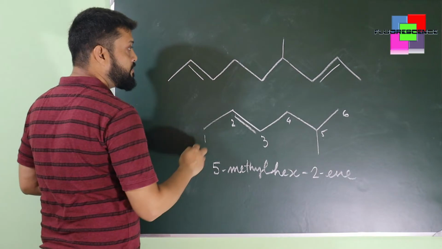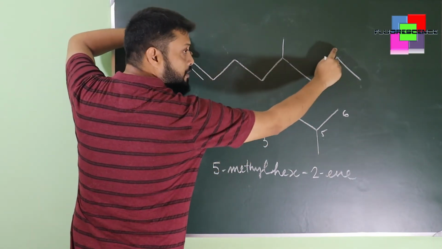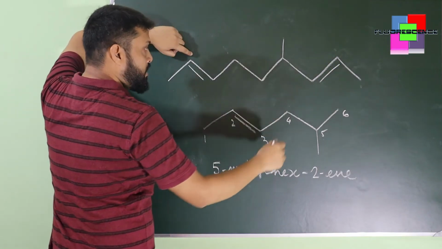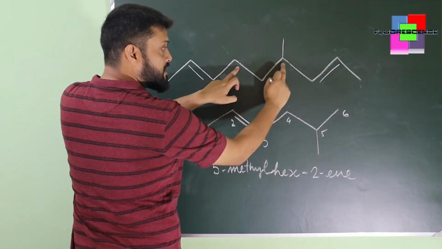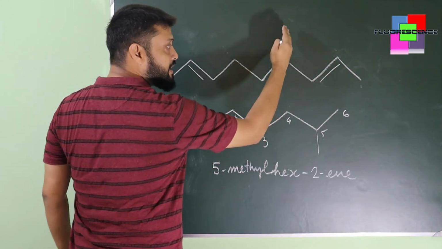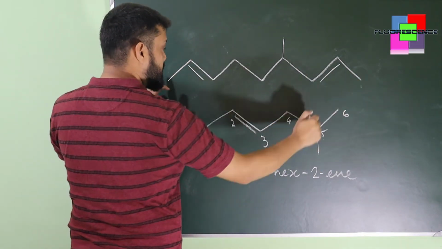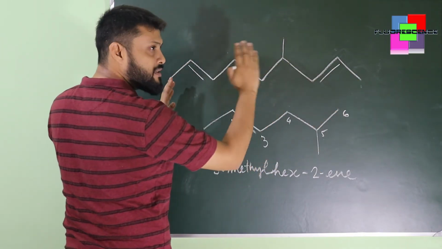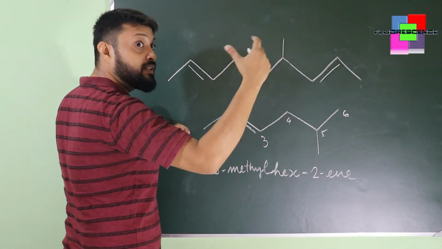So moving to this one, see 1, 2, triple bond is coming from 2, triple bond is coming from 2. In 3 there is no difference. In 4 position from either side, see we have nothing on the left side but we have a substitution on the right side. So we'll give priority to this one. I repeat, whenever you have identical structures or symmetric structures, try to find out the difference.